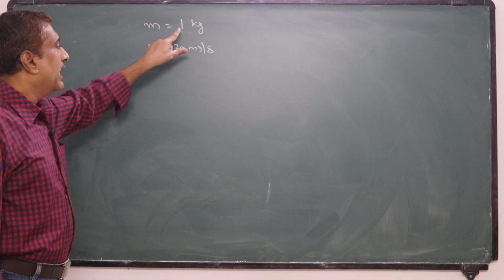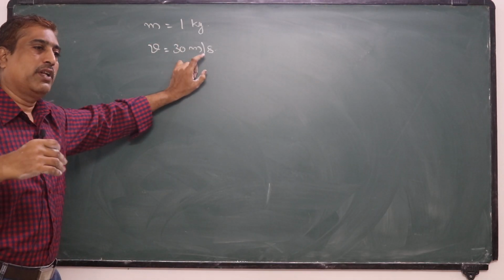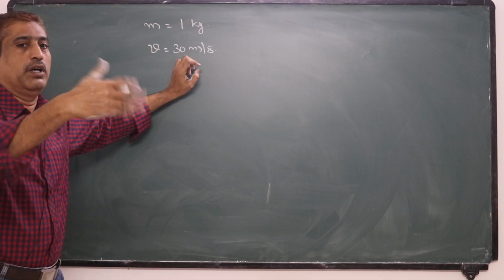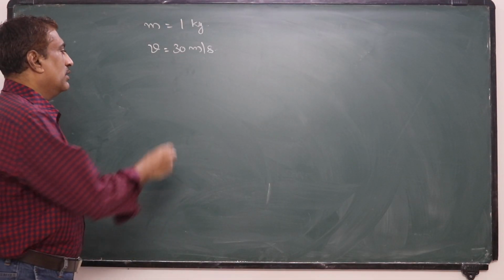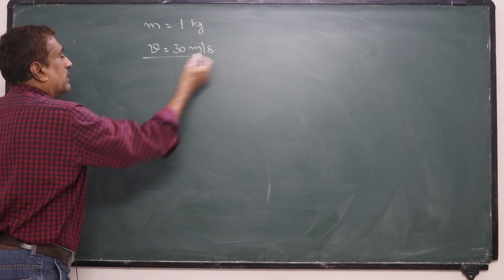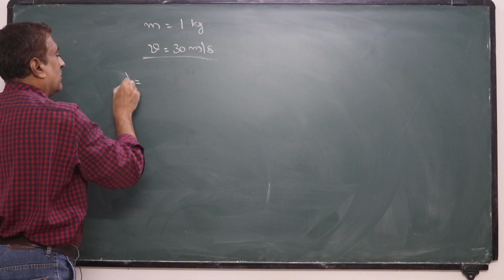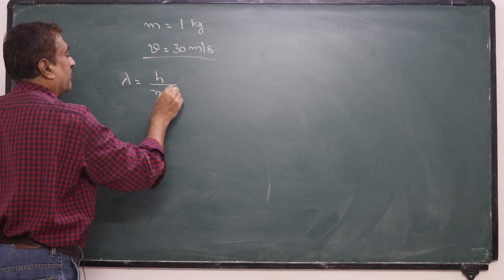As this ball is moving with 30 meter per second, there is a wave associated with the moving ball. The wavelength of that moving ball is given by the de Broglie hypothesis, lambda equals h by mv.